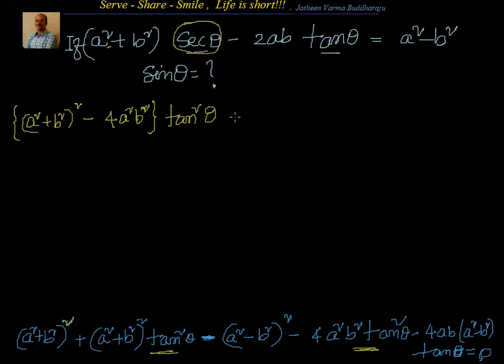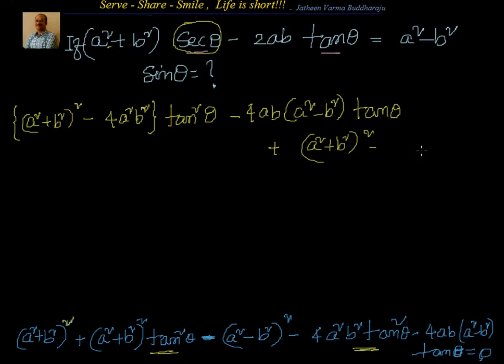Now let us look at our bx, ax square plus bx plus c. Where is our tan theta? Tan theta is minus 4ab into (a square minus b square) into tan theta. So we have ax square plus bx plus c. C is nothing but our constant term, which is equal to, I will write down here, plus (a square plus b square) whole square minus (a square minus b square) whole square.